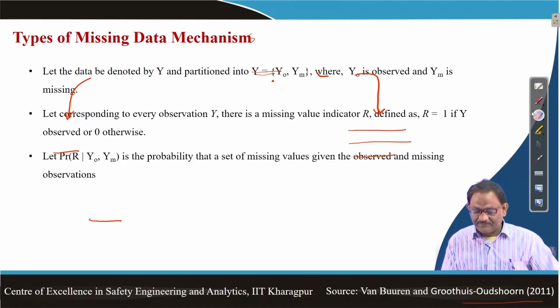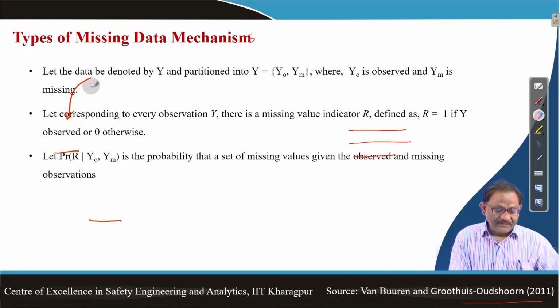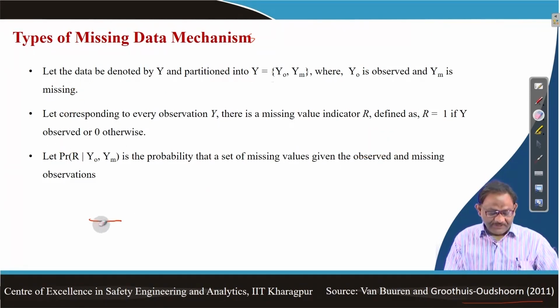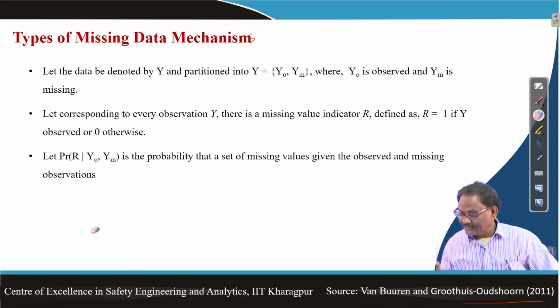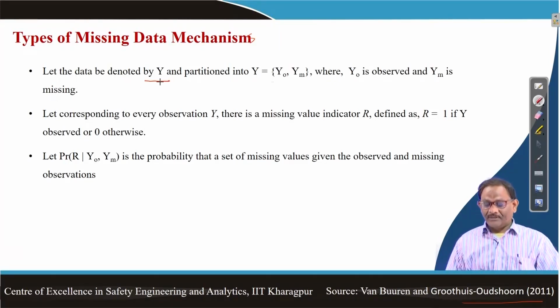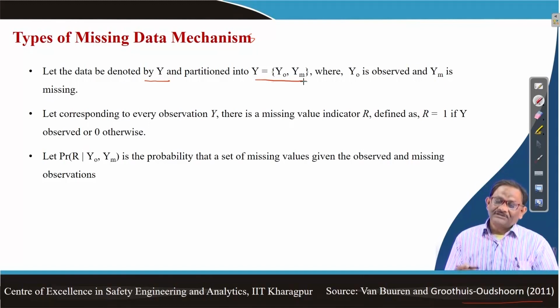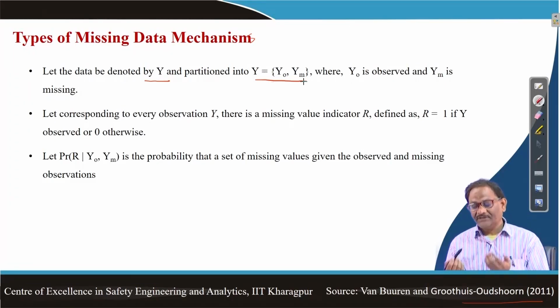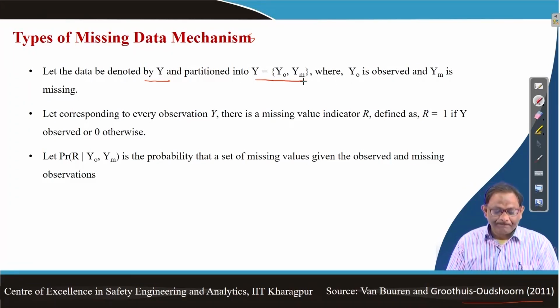Here I think I must first define the three classes of missing data from the missing data mechanism point of view. Now let us understand that if we are talking about data denoted by y, then it can be partitioned into y0 and ym. y0 means observed data on y and ym is missing data on y.